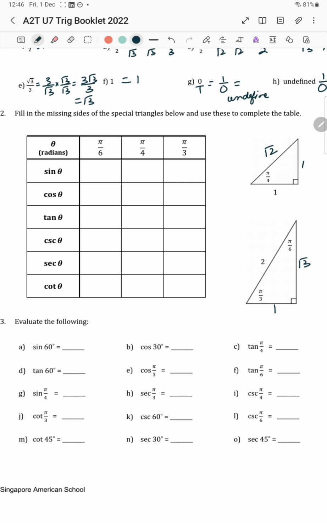So sine theta is equal to perpendicular over hypotenuse, 1 over square root 2.